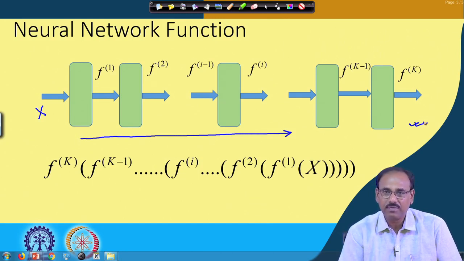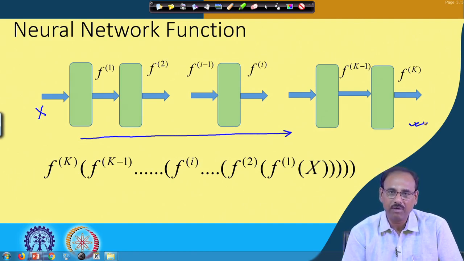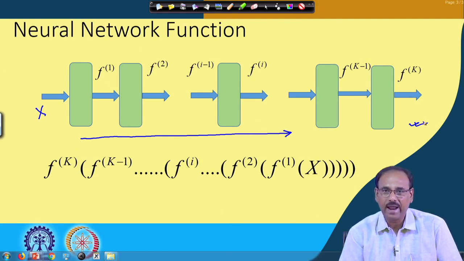But we will see later that for learning or for training this neural network, the error is propagated in the backward direction, because our aim is to minimize the error by adjusting the weights in between the layers. So, for training this neural network, the error is propagated in the backward direction through each of the layers, and while it is being propagated, at every layer the weights are updated in order to minimize the error.